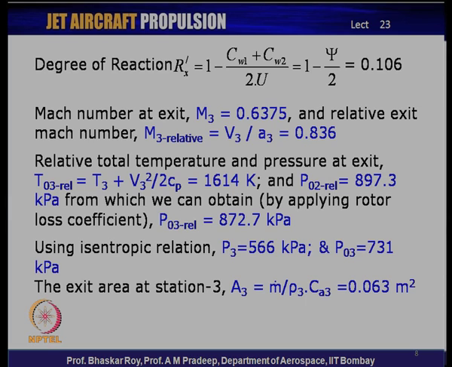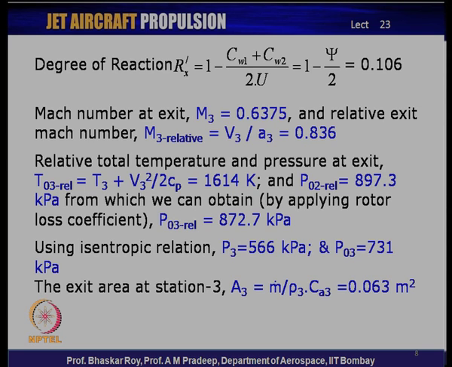So, the 8% loss that was prescribed should be applied to P02 relative, and if you do that you get P03 relative as 872.7 kilopascals. Now, this is something you need to again very clearly understand, that the loss prescription that is normally given should be applied in the absolute frame in the stator nozzle and in the relative frame in the rotor, when you are calculating the pressure losses respectively across these two rows of blades.